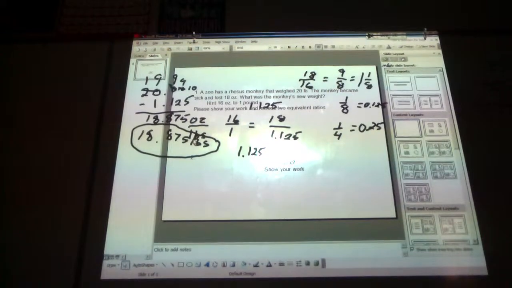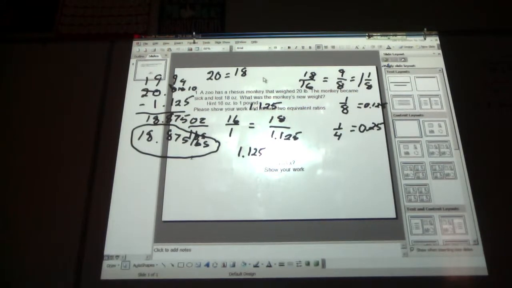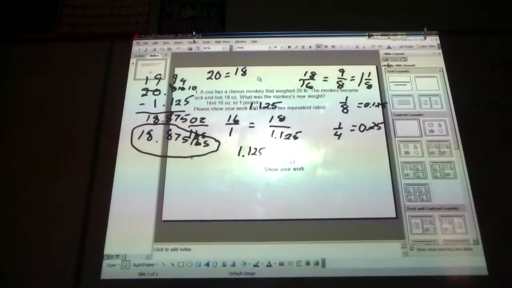Well, in this case, I'm going to borrow 2. I know that 20 is the same thing as 18 pounds and how many total ounces? 18 pounds and 32. Did everybody hear 32 ounces? Can you explain why it's 32 ounces?